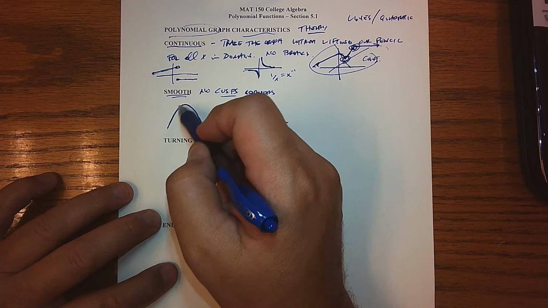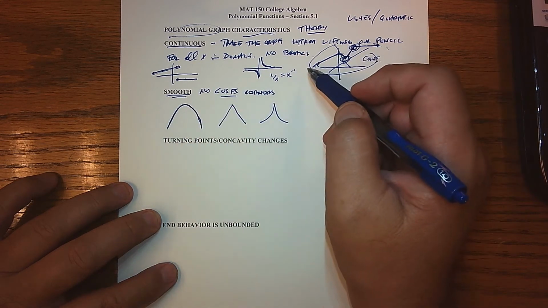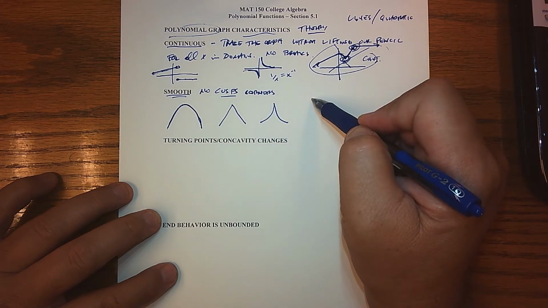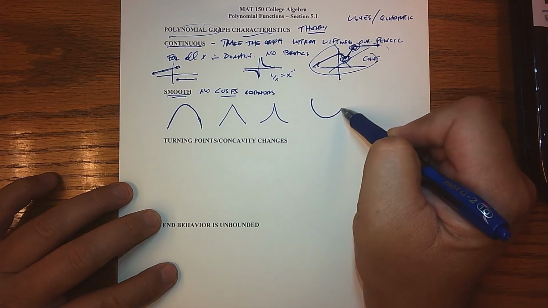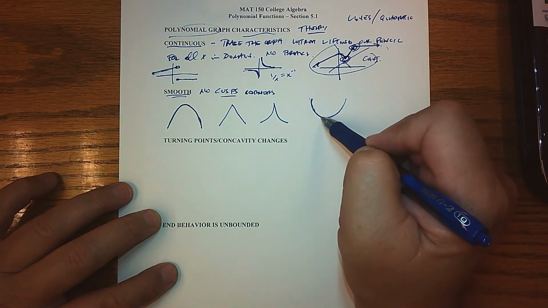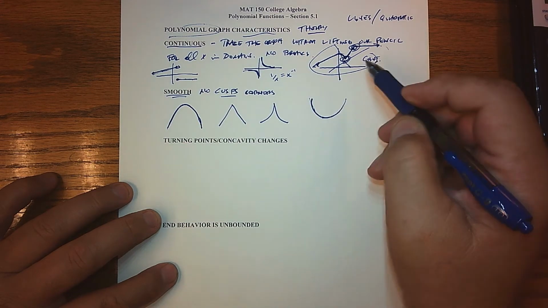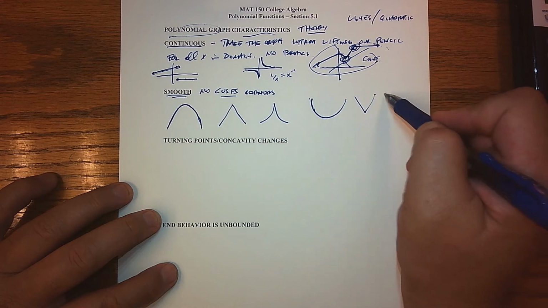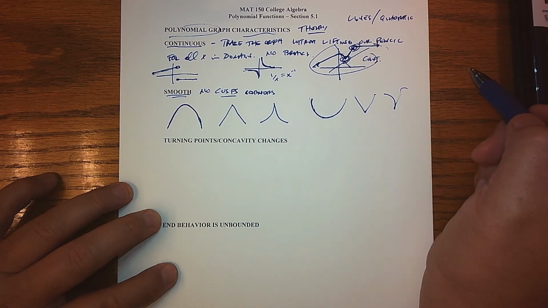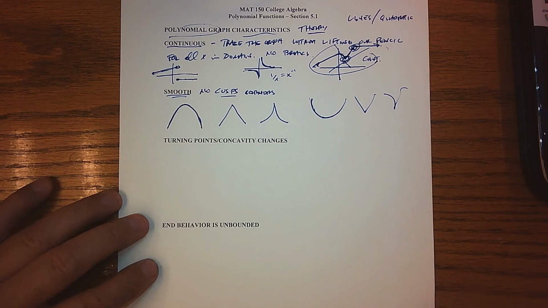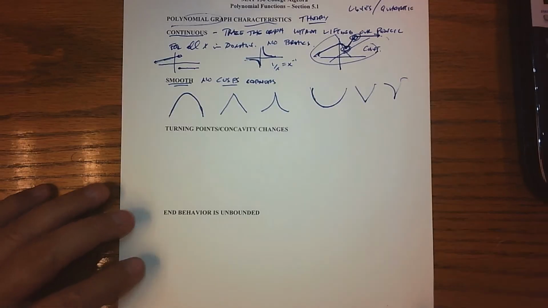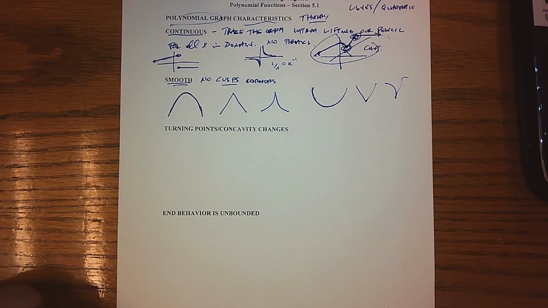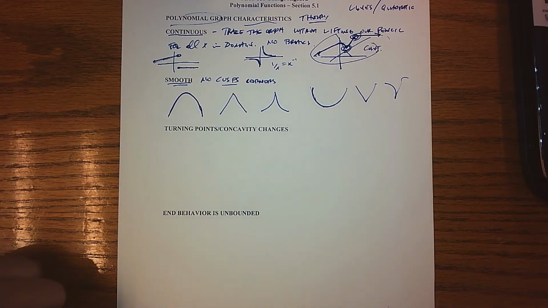So we have nice smooth curves, if you would. Same thing if we hit a bottom point, right? We're going to slowly transition from increasing to decreasing real smoothly, as opposed to a corner or some sort of cusp. Okay, so those are some very, very important items with regard to our polynomial functions and their behaviors.